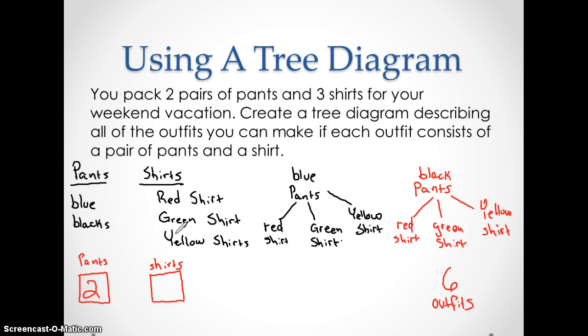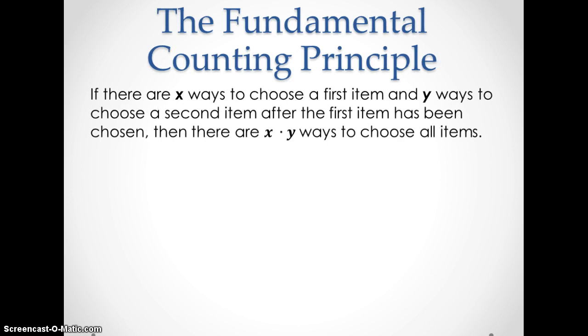How many shirts can you choose from? 3. And if you multiply those 2 numbers, you will have your total outcomes possible. 6 outfits.